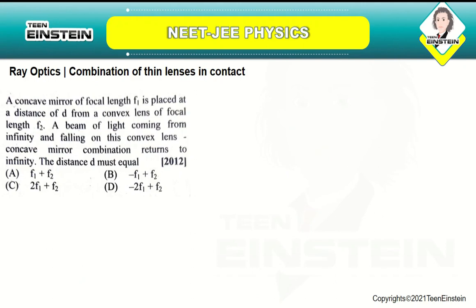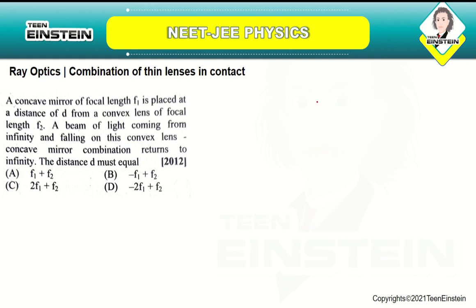A concave mirror of focal length f1 is placed at a distance of d from a convex lens of focal length f2. A beam of light coming from infinity and falling on this convex lens concave mirror combination returns to infinity. The distance d must equal to.